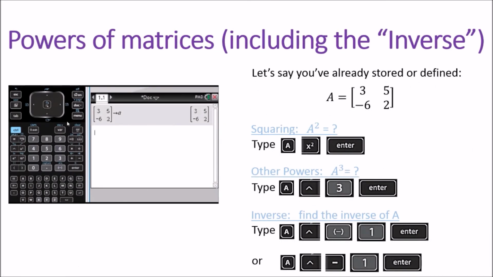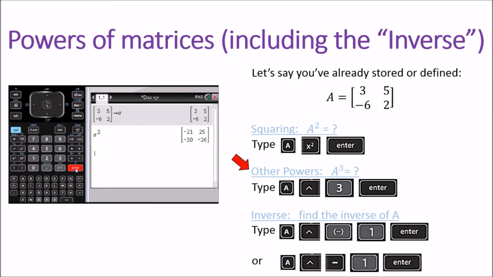Now we're going to look at quickly doing some powers of a matrix. So I've already gone ahead and stored the matrix A as the elements 3, 5, -6 and 2. And to do A squared, all I need to type in is the letter A, and then this button here, our square button, hit enter, and that is the matrix A squared.